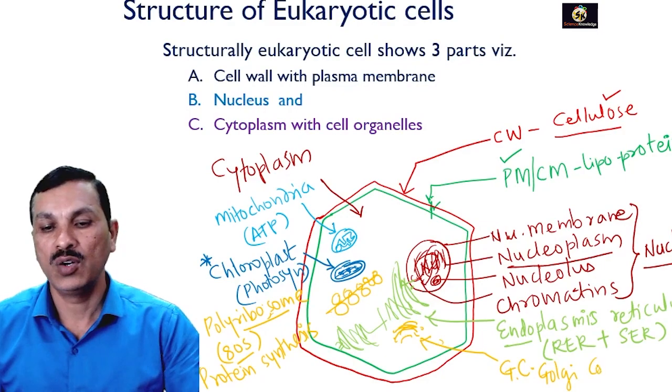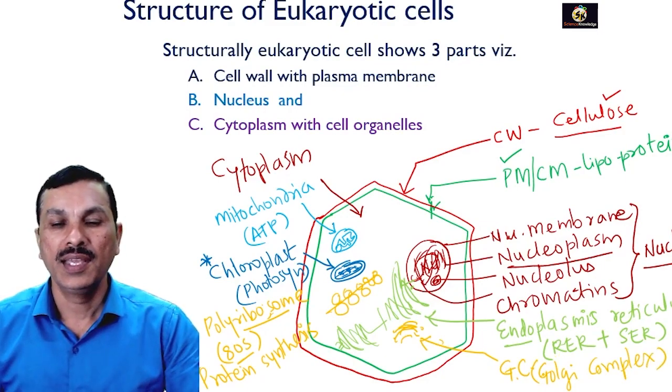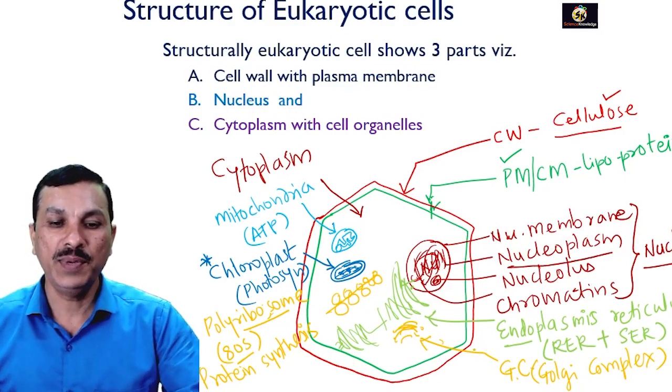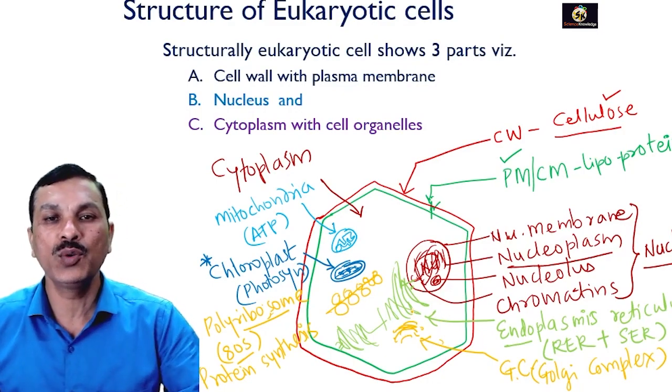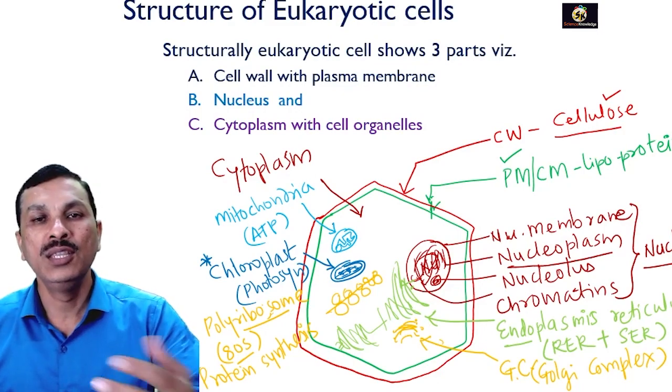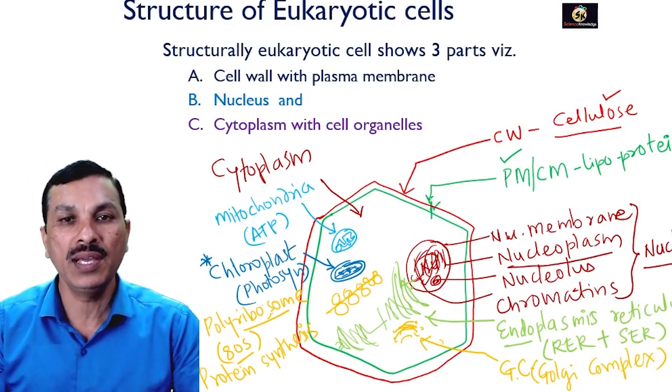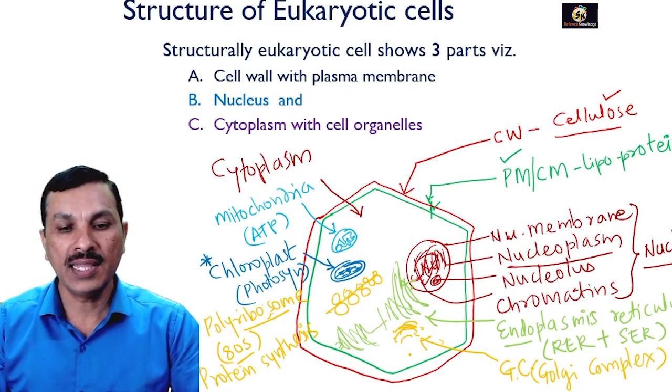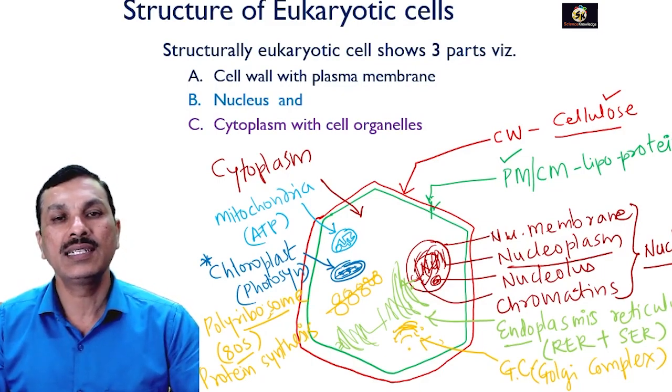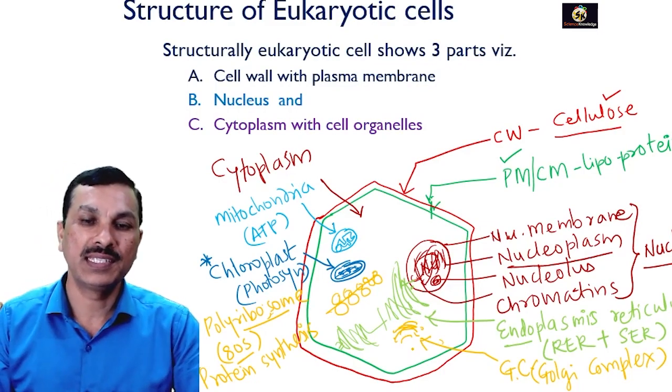One phase facing towards the endoplasmic reticulum or nucleus is called the forming phase. And the other phase, opposite to the endoplasmic reticulum, is called the maturing phase.